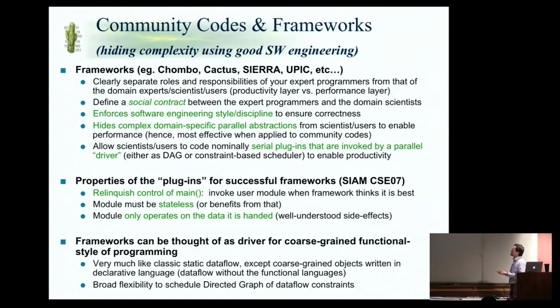It also defines your social contract between your expert programmers and your domain scientists, which makes clearly established rules of what code they are to touch and what code you, the expert computer scientist, are to touch.